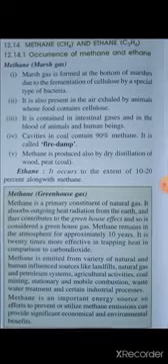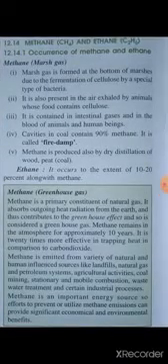Marsh gas is formed at the bottom of marshes due to the fermentation of cellulose by a special type of bacteria. Whenever leaves or branches fall down and start decomposing in the presence of water, moisture must be there.